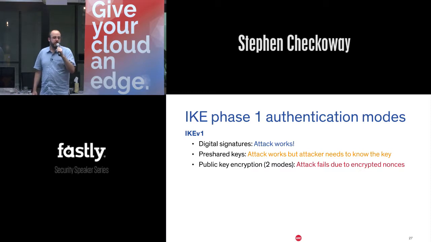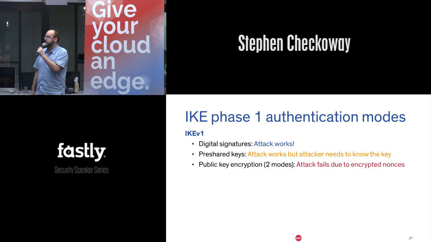Now, unfortunately, this is not the end of the story. IKE has a number of authentication modes. IKE v1 has four different authentication modes. It has authentication using public keys, using digital signatures. It has authentication using pre-shared keys. And it has two versions of authentication using public key encryption. In the case of digital signatures, the attack just works as described.